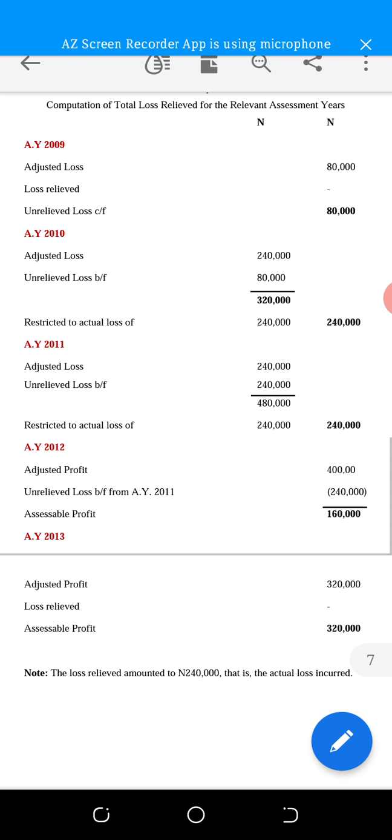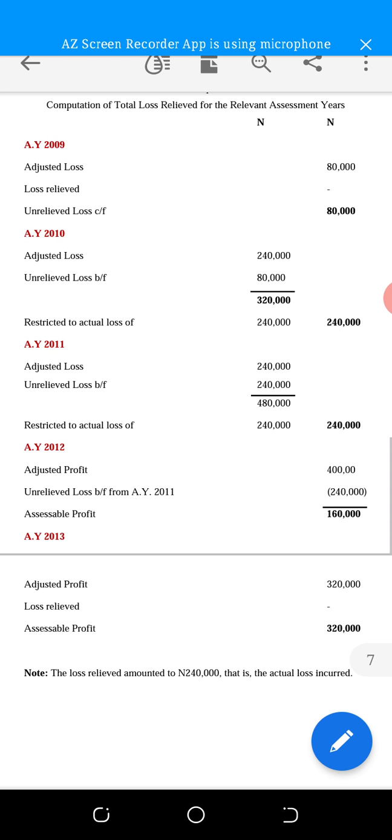Then if you relieve 80,000, the next one is 240,000 in 2010, then the next one 240,000 in 2011. It is calculated cumulatively. So you will relieve the loss from the previous year, which you cumulatively calculated. You relieve the loss of 240,000, which gives you accessible profit of 130,000. Now this is the profit you will work with.